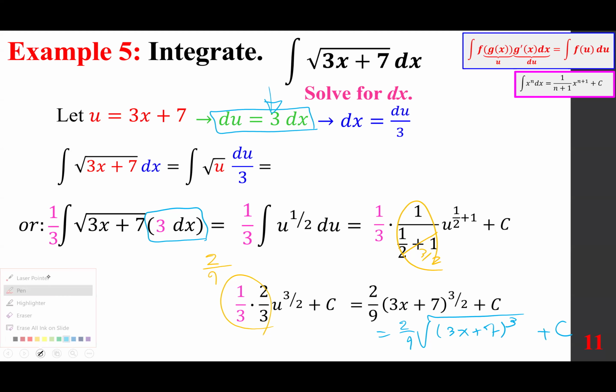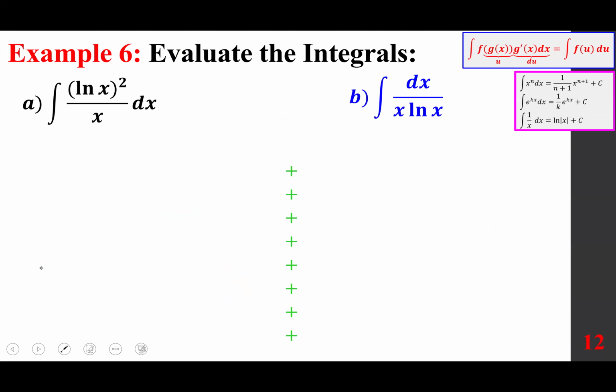You can do that. This case doesn't make much of a difference. In some cases, it might. Again, why do I have the two questions side by side? Both of them involve ln x. At this level, anytime you see ln x, that is the choice of u.